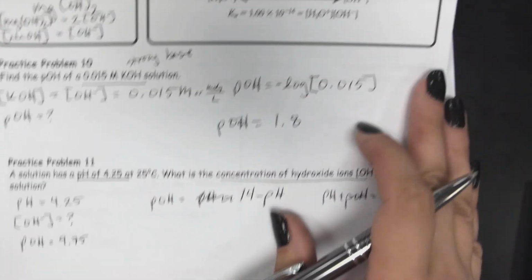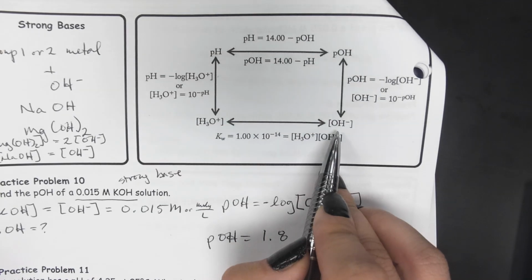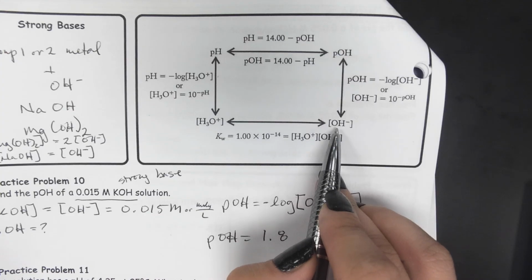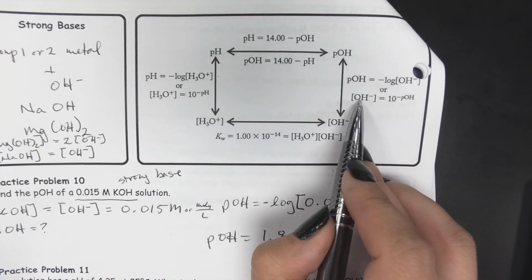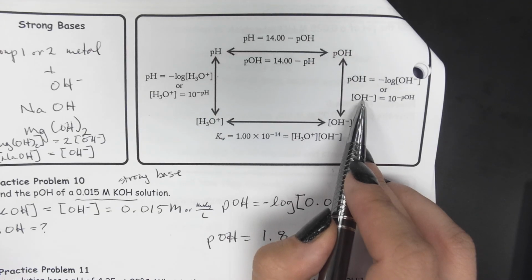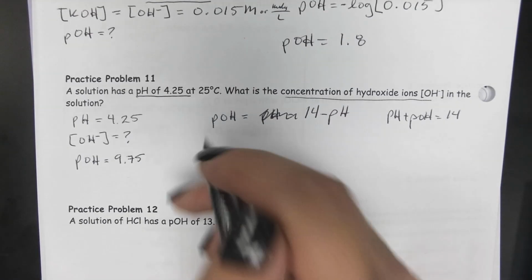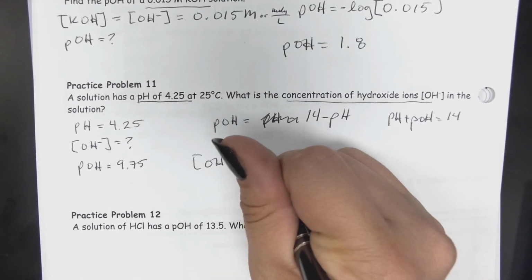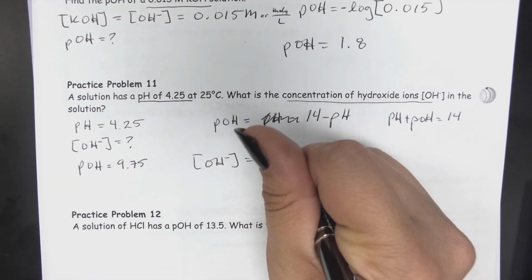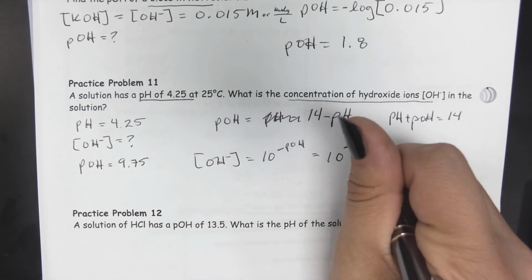Great. Now that I have the pOH, I can figure out the concentration of hydroxide. So I am solving for this concentration, but I've been given the pOH. So the concentration of hydroxide is going to equal 10 raised to the negative pOH, or for us, 10 raised to the negative 9.75.